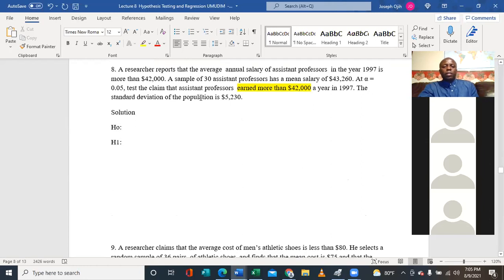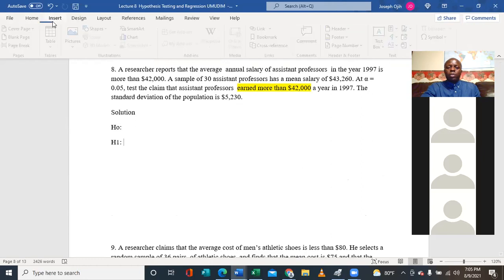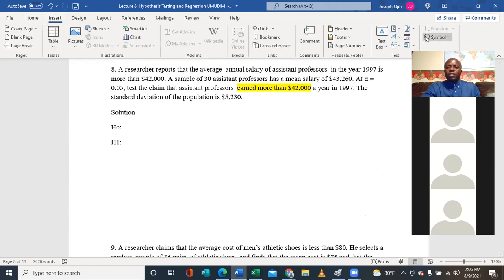The claim says test the claim that the assistant professors earn more than, so more than is greater than, so you can only use more than in the alternative. So we write that one first. Mean is greater than 42,000 dollars. The claim here.